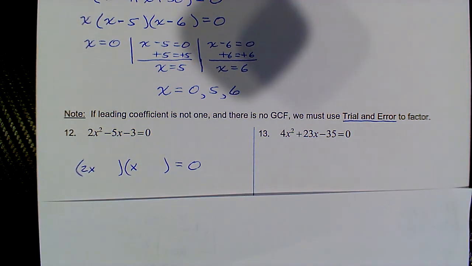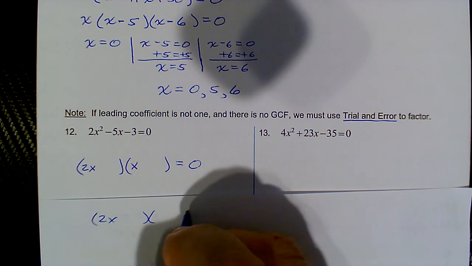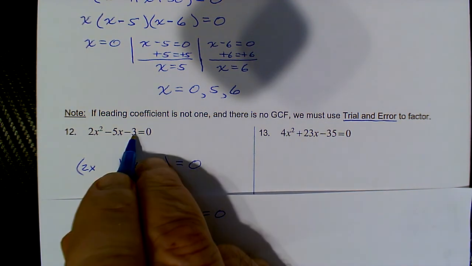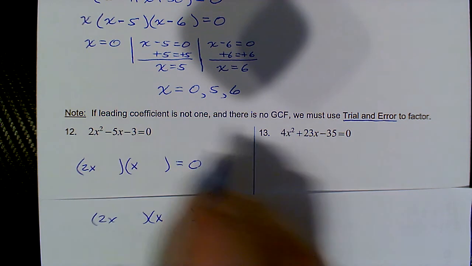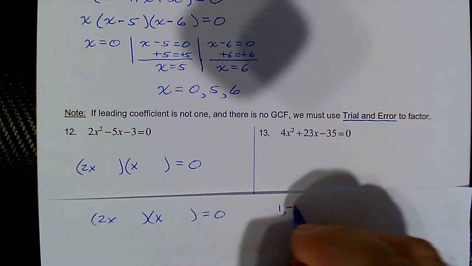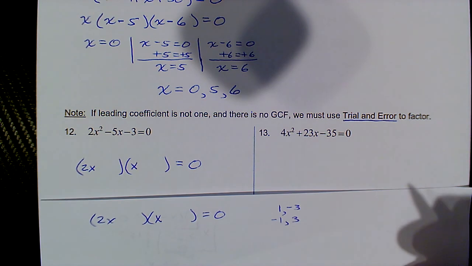And make some guesses. Now, fortunately, this constant term is the number 3, which leaves us with only 2 choices. Either a 1 and a negative 3, or a negative 1 and a 3. So, make a guess.